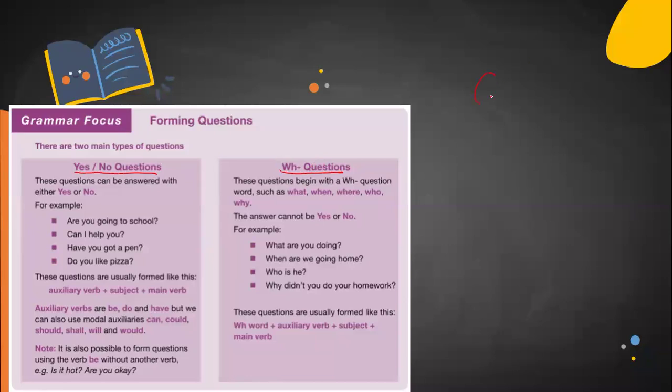We have questions, and we have these two types of questions: yes/no questions and WH questions. Okay? So again, we have two main types of questions in English: yes/no questions and WH questions.